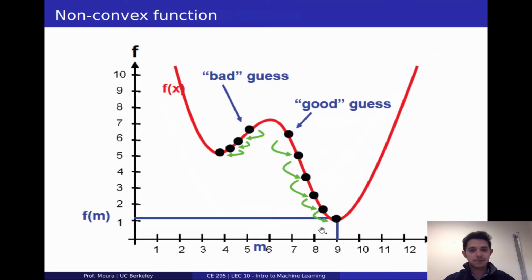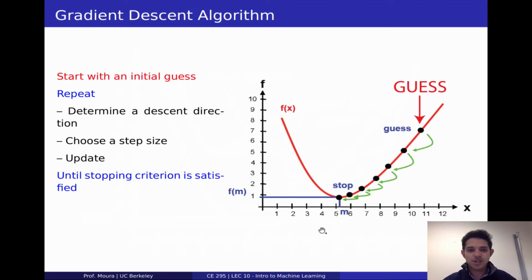That's the point. All right, so here's the gradient descent algorithm to summarize in one slide. You start with an initial guess, like we're showing here on the right. Then you determine a descent direction, and you do that by computing the gradient. Here the slope is positive, so we will turn 180 degrees and go downhill.